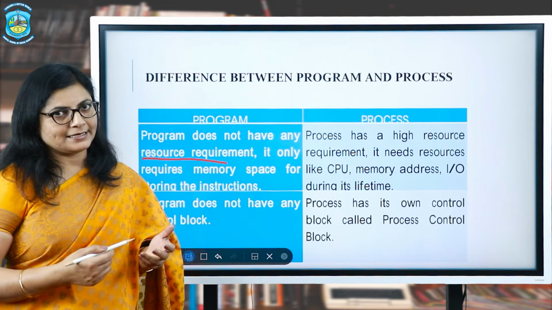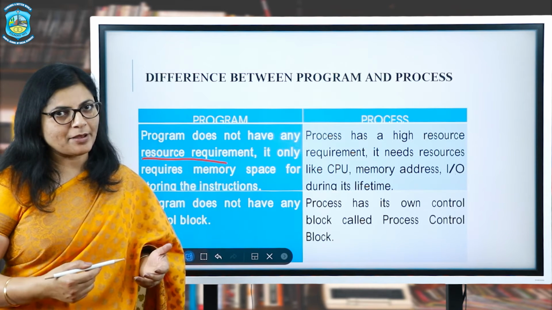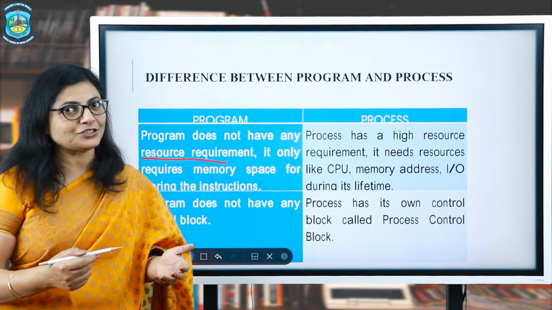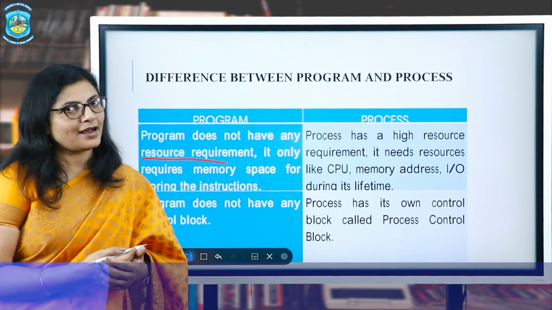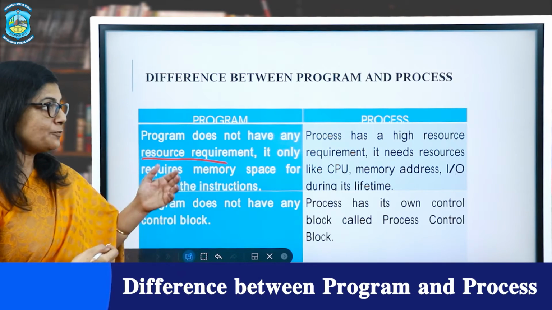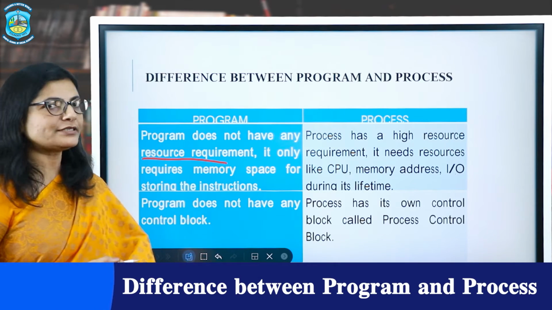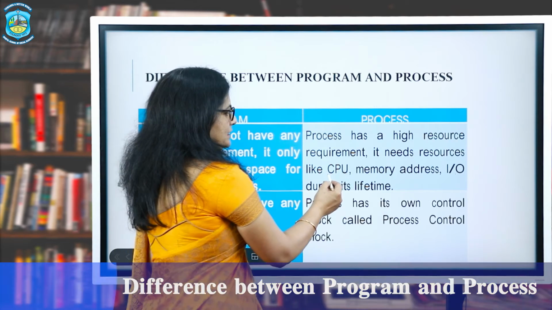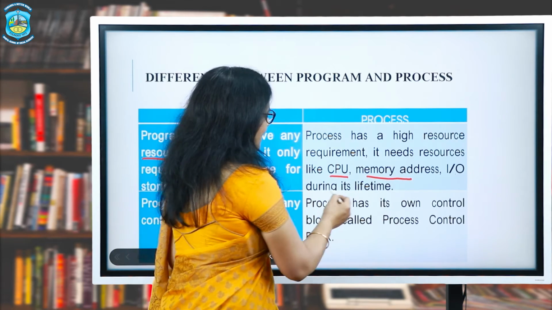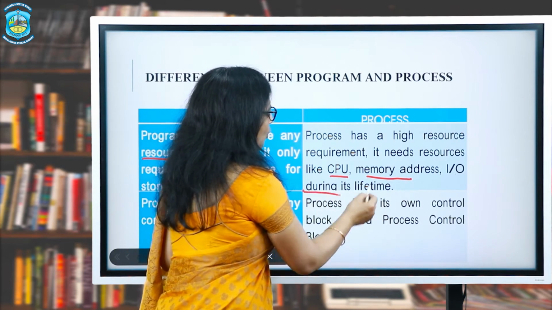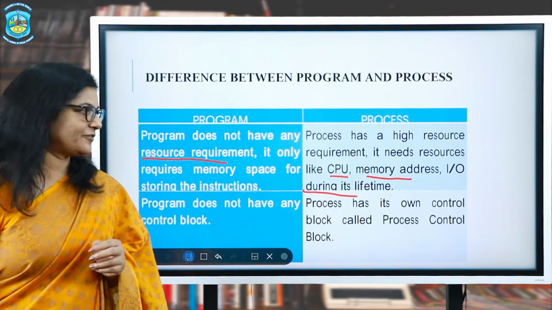Since it is static, it is in the secondary memory, it is not in execution, and it doesn't require any other resources. Whereas a process has high resource requirements; it needs CPU, memory addresses and I/O operations during its lifetime.